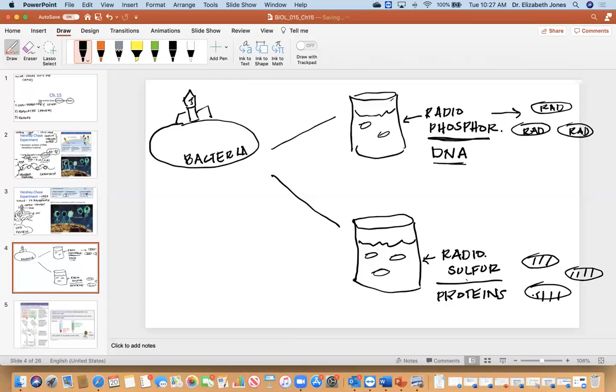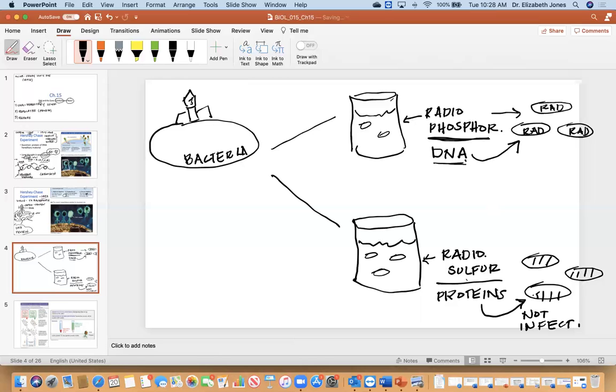So what does that mean? That means that the stuff that was getting inside the bacteria, the stuff that was infecting the bacteria, was DNA. Here, there was no radioactivity that made its way inside. So proteins were not infecting these bacteria.